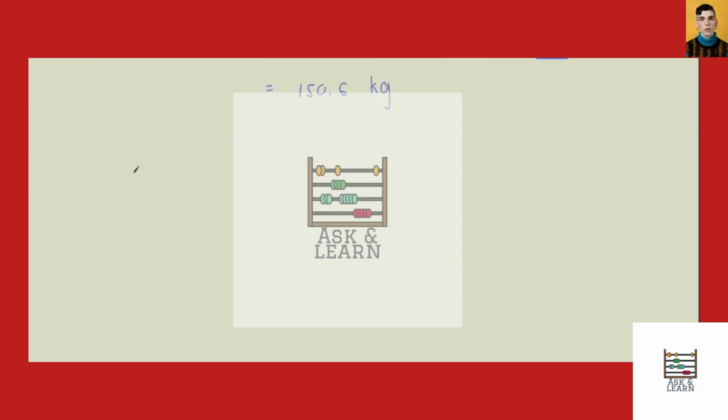So the power rating of the heater is W dot, dW dt. And so this is 150.6. These are in SI units, so we'll suppress the units here.